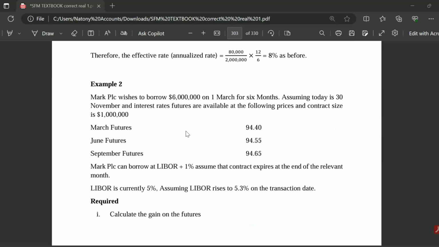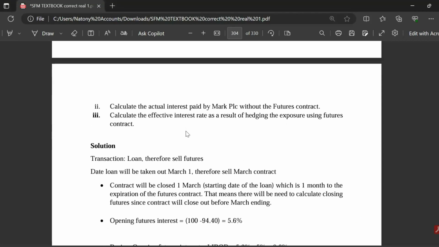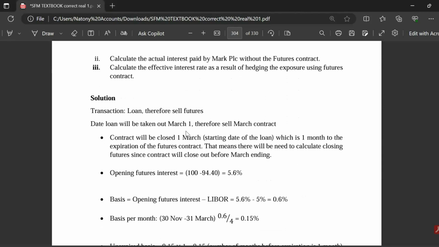Back to the solution. Opening futures price is 5.6, which is 100 minus March future of 94.4. Opening basis. So when the opening futures price is different from the opening spot rate, that gives rise to basis.